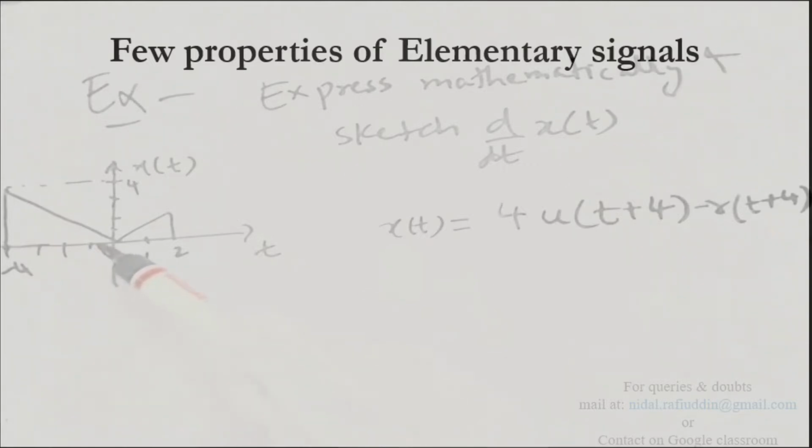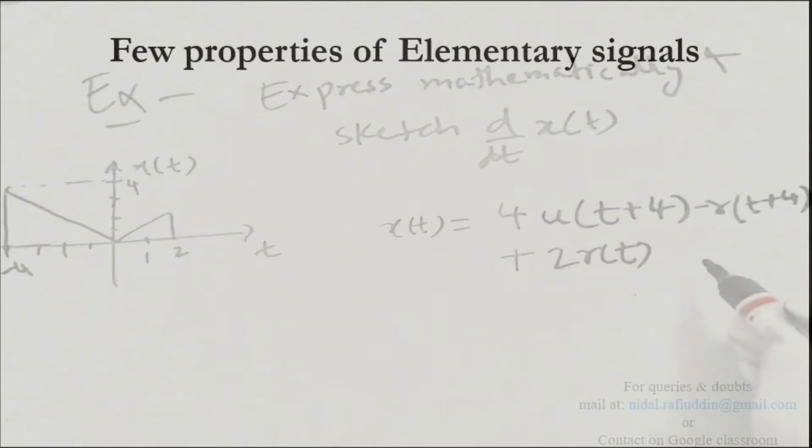Only then are we going to get a line having a positive slope, which means that we will be adding 2r(t), which is nothing but a line that has a slope of 2, since the slope of this line is 1. And again we have to terminate this at t equal to +2.